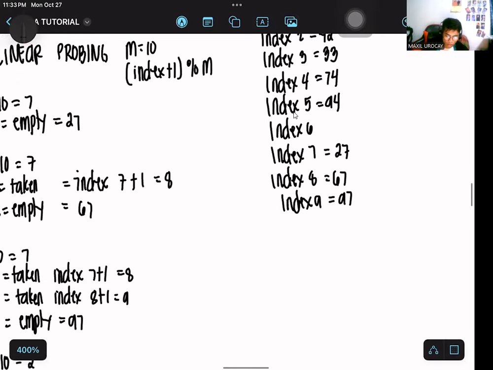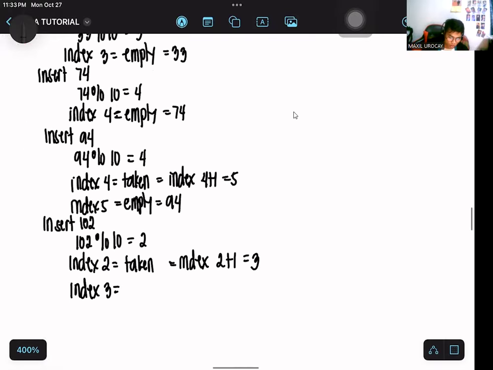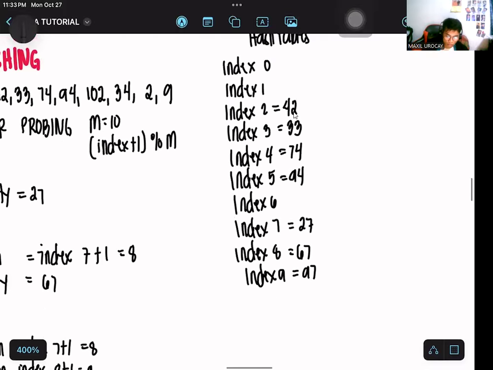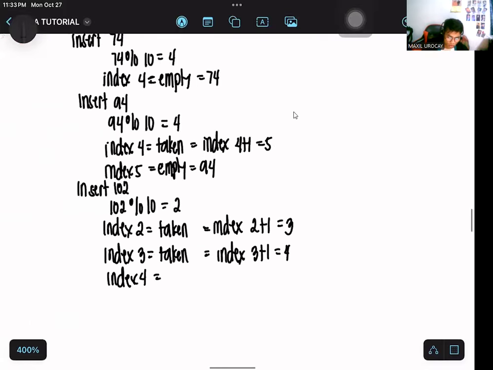Index number 3 is allocated, so taken, and then index 3 plus 1 is 4. Checking index number 4, cross checking, that is taken as well. So we put taken, and then index 4 plus 1 is 5.